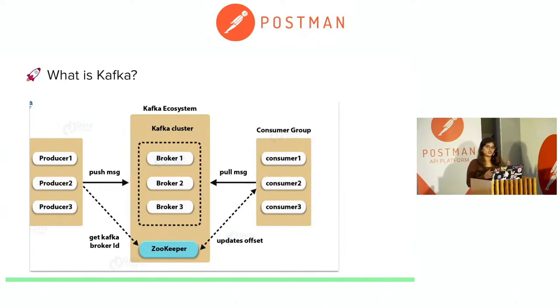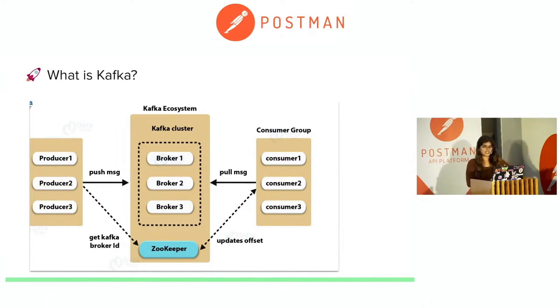A greater number of brokers generally means your application is scalable and reliable, and resilient to failover. A producer pushes a message to the Kafka brokers, and Kafka brokers are dependent on Zookeeper. They are managed by Zookeeper, which is like the broker leader in this case, managing all the brokers and handling all the events that are going on.